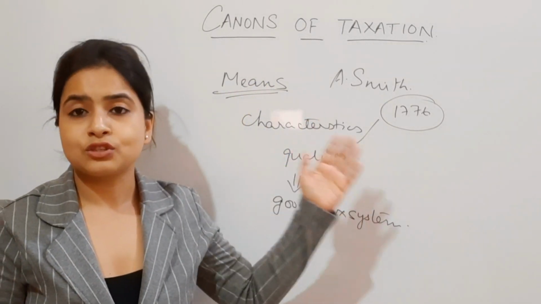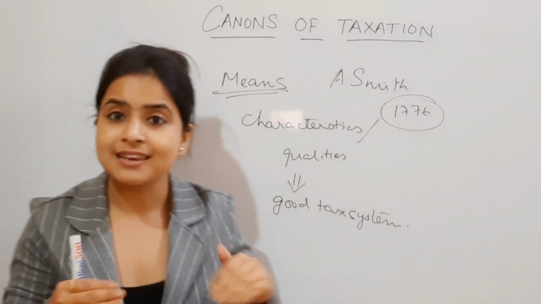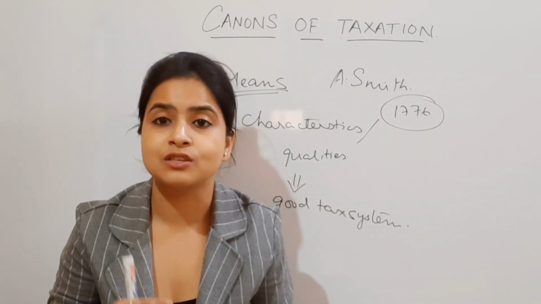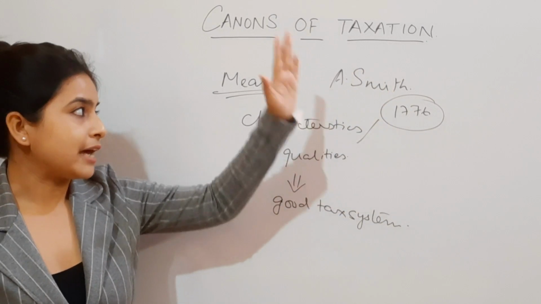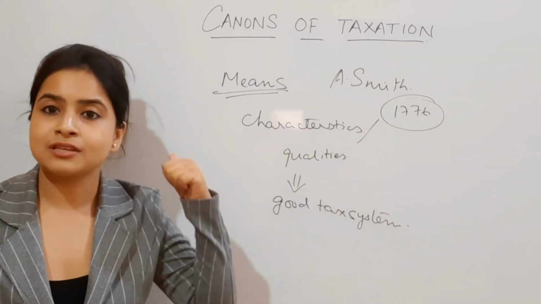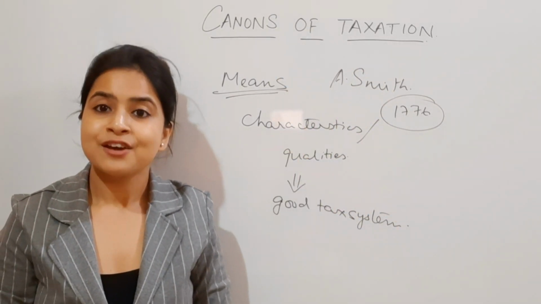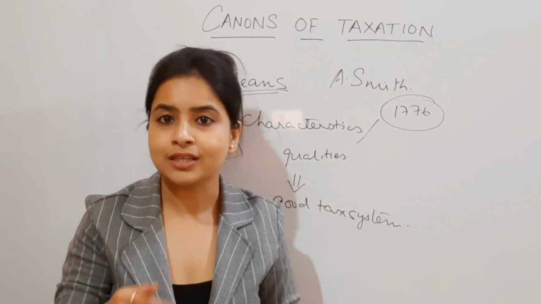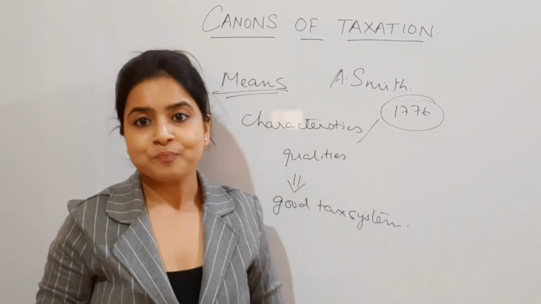Even though it is such an old concept, till now modern governments are using these Smithian characteristics while imposing or collecting taxes. So you understand how important the canons of taxation are.